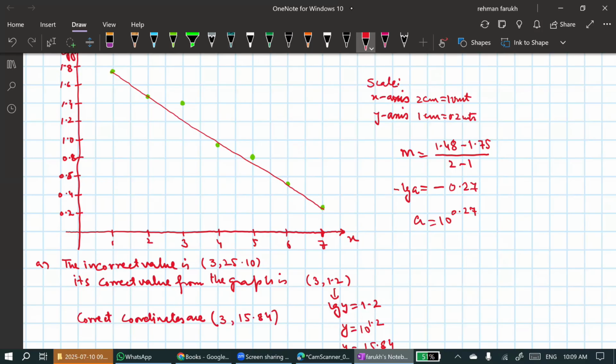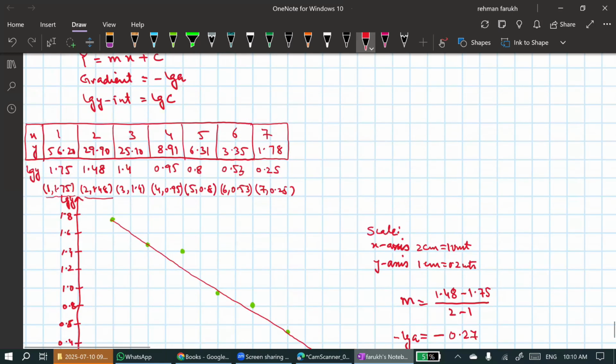We simply shift LG to the right-hand side and it becomes a power of 10. Sir, 10 power 0.27 is 1.86. 1.86 is the value of A.